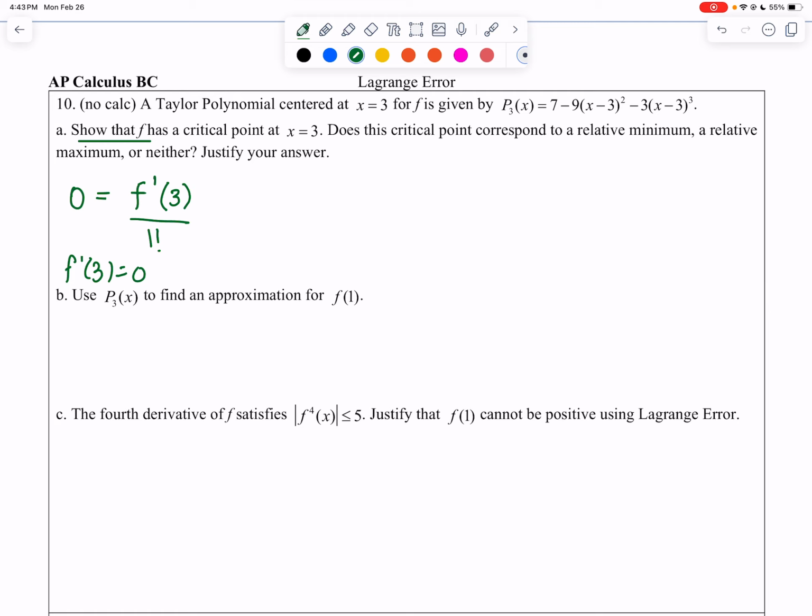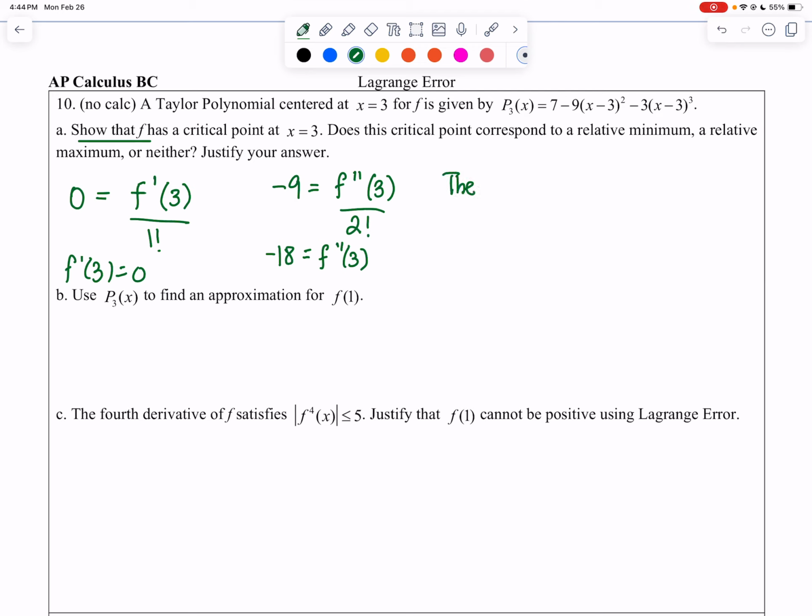Now, because that is 0, we can use my second derivative test, and that we could use because that's going to give us negative 9 is equal to f double prime of 3 over 2 factorial, which tells me that I get negative 18. Now, because my second derivative is negative, this tells me that the function concaves down.